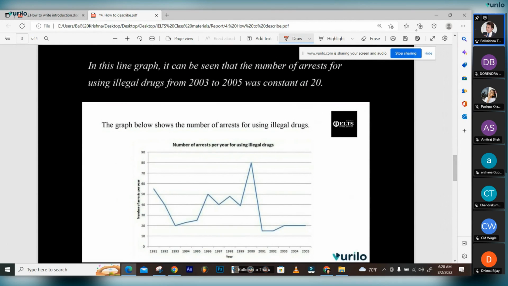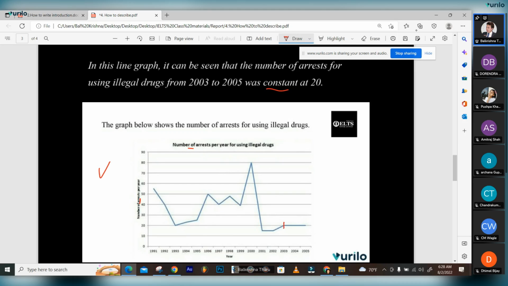In this line graph, it can be seen that the number of arrests for using illegal drugs from 2003 to 2005 was constant at 20.